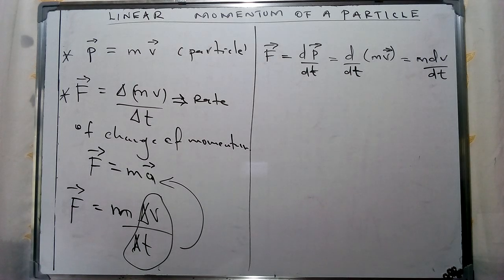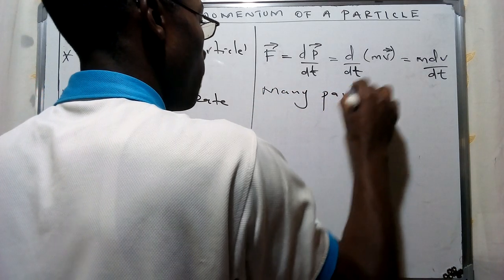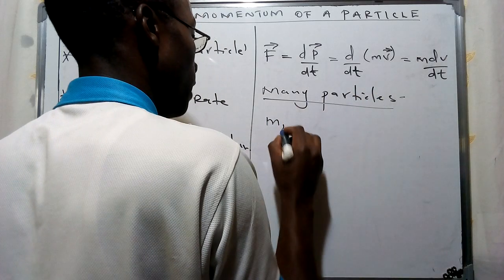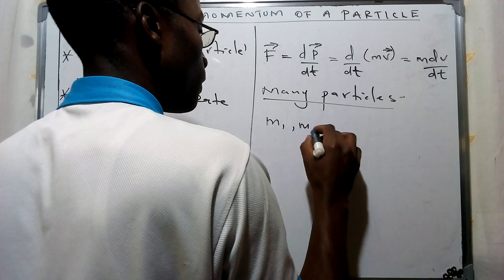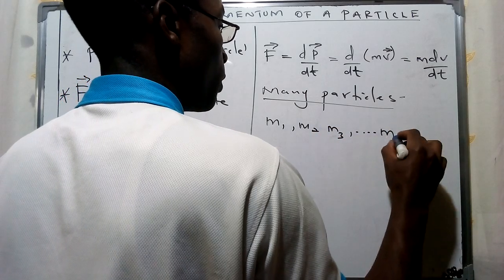Now we're going to look at a system of many particles, whereby we consider the masses of these particles given as m1, m2, m3, forming a system of particles up to mn.